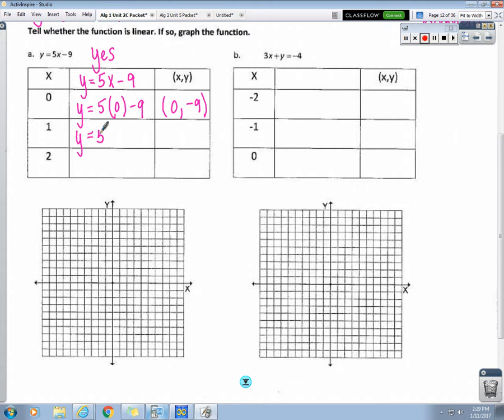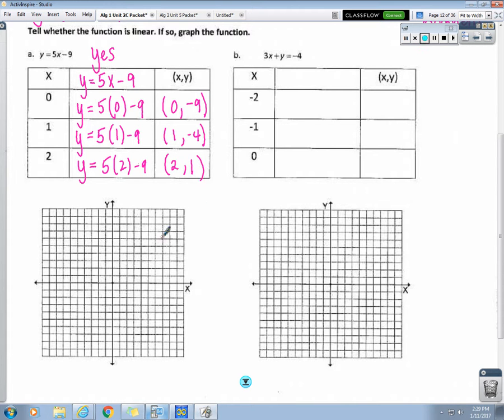So they want you to plug in 1 for x. And so when you plug in a 1 for x, what do you get for your y value? Negative 4. 5 minus 9 is negative 4. And then in the next one, they want you to plug in a 2 for x. Right. 10 minus 9 is 1.